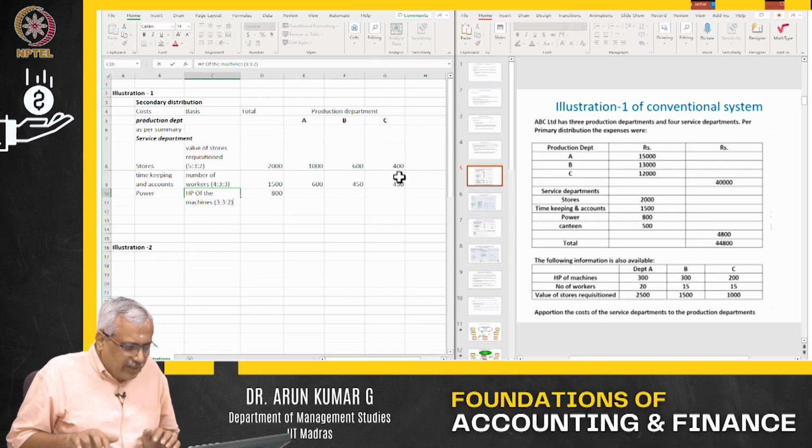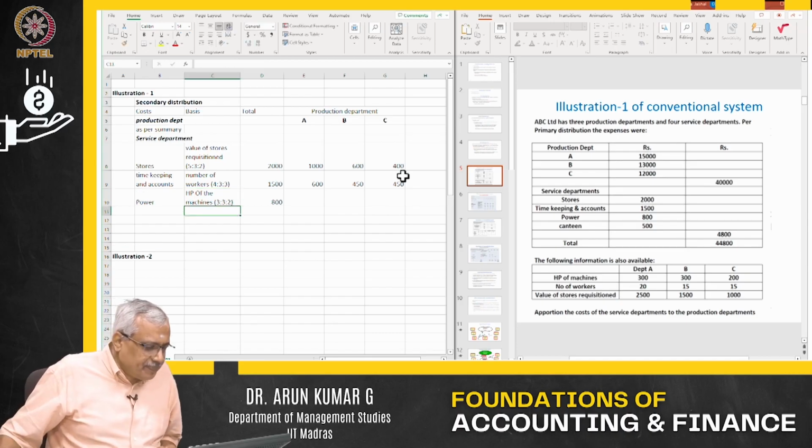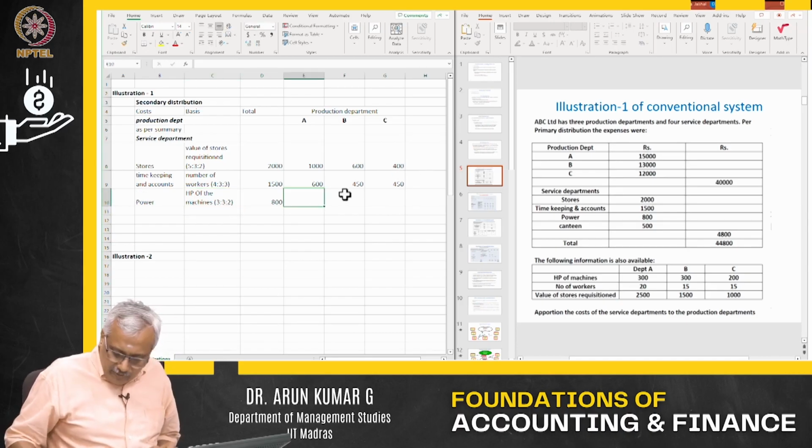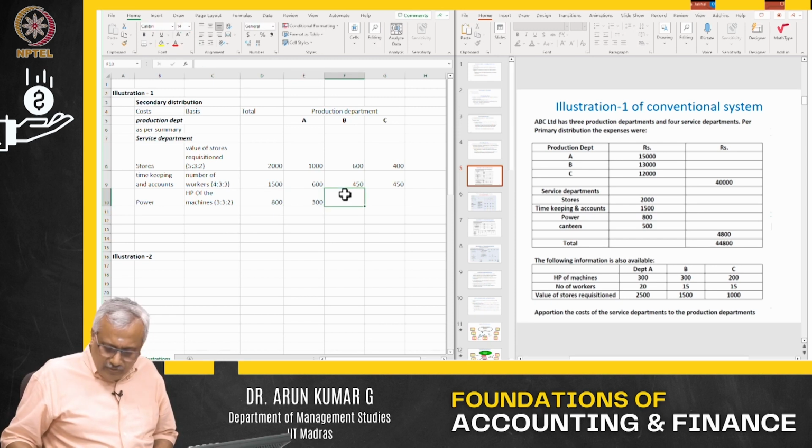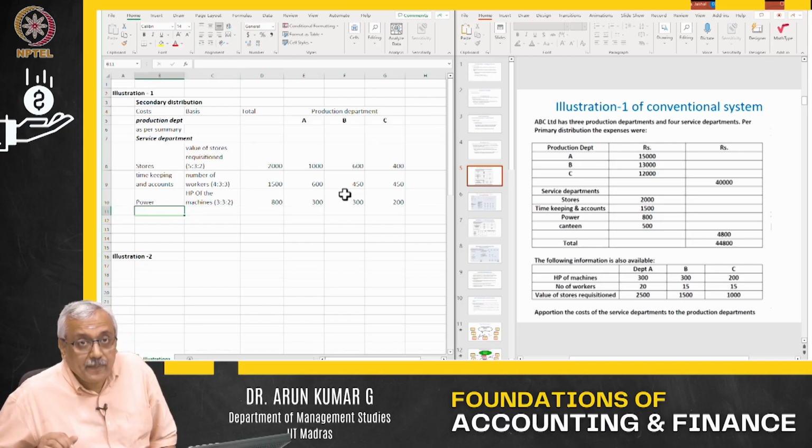That is the way in which I am going to distribute it. Very, very simple and straight. So it is going to be 800 into 3 divided by 3 plus 3 is 6, 6 plus 2 is 8. So 8 here, and then this is going to be another 300, and then 600 is over. So this is going to be another 200, straight and simple in this particular case.